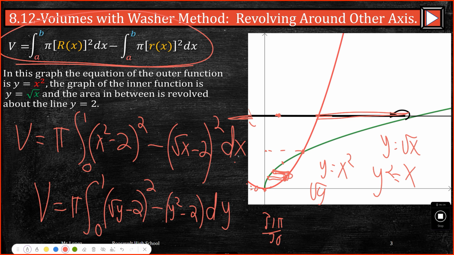It turned out negative? Yeah, negative. Pi dy. We're doing dy.